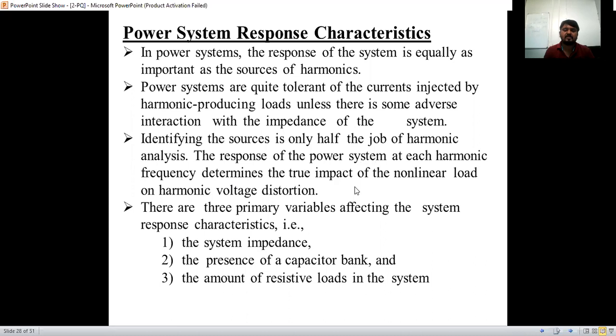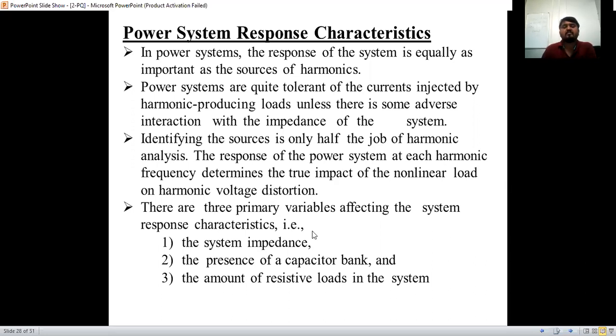The harmonics are produced by the nonlinear load, so how it impacts the voltage distortion matters. At the start we considered the fundamental waveform and the harmonics; combining those two gives the distorted waveform. That we have already discussed.